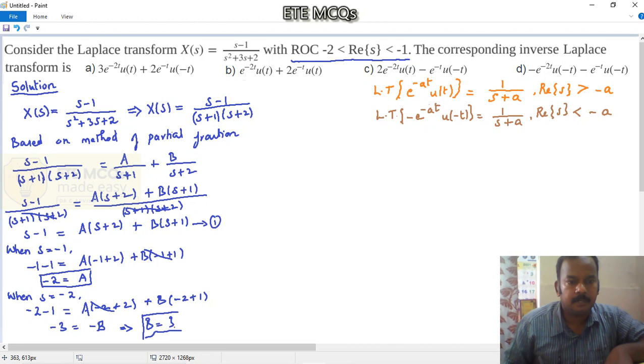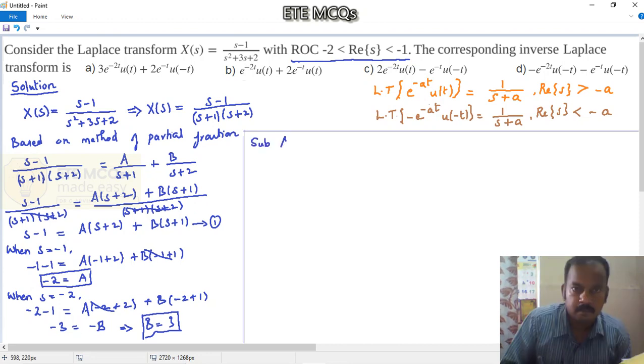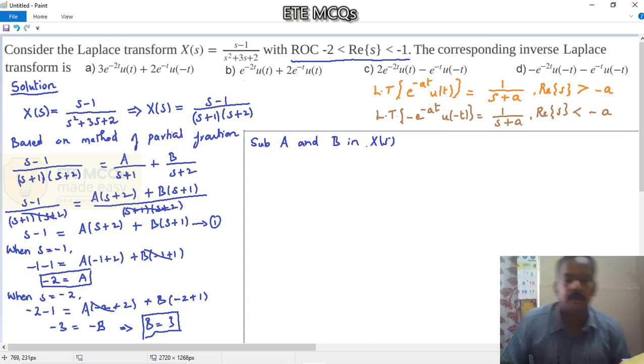So we have determined the arbitrary constants: A is equal to minus 2 and B is equal to 3. Substituting A and B in X of s, what do we get?